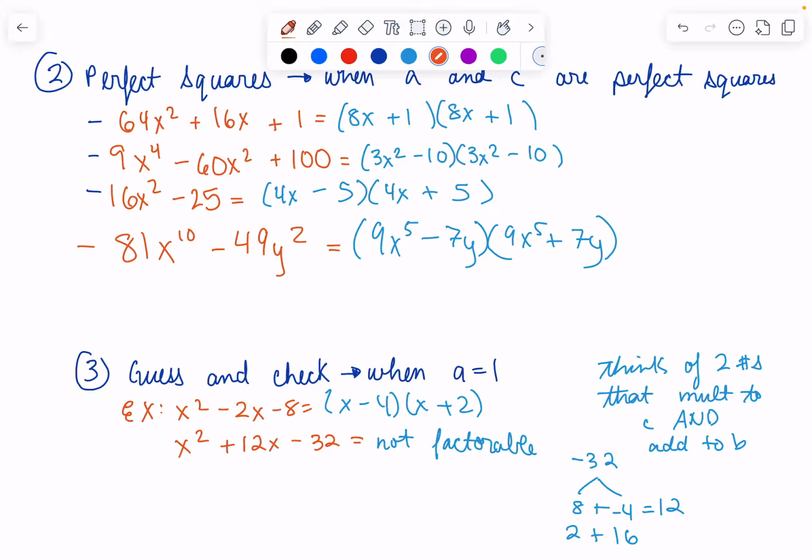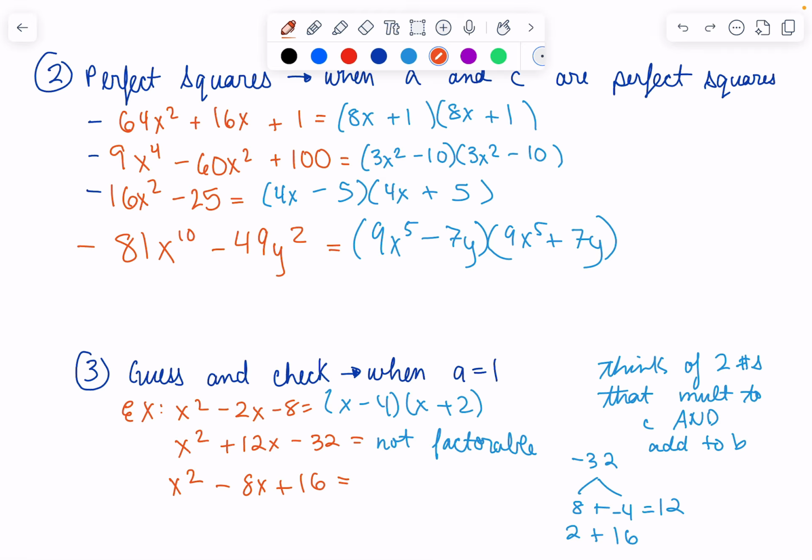Okay, so then let me come up with another example that is factorable. So let's do x squared minus 8x plus 16. Hopefully you guys recognize that this is a special type of quadratic function that we have seen previously.